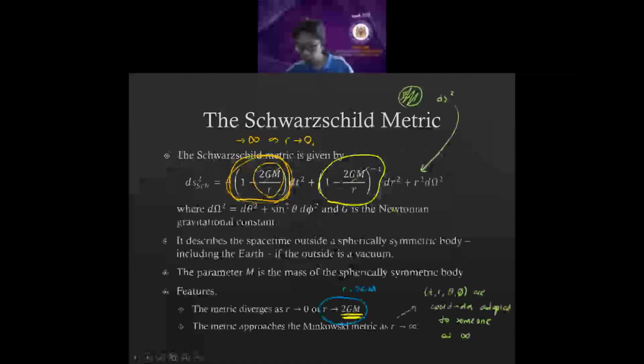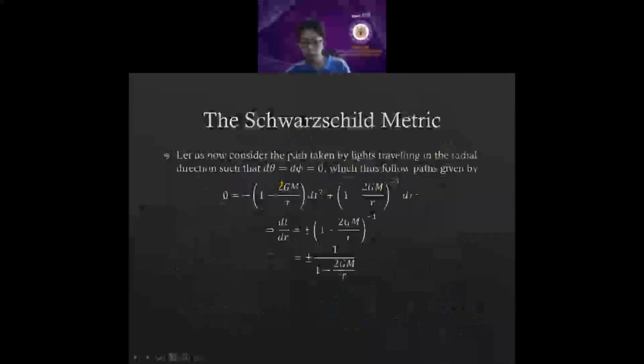Now what I want to do is consider the path of light that is traveling again in the radial direction. That's something similar to what we did just now in the Minkowski spacetime. We consider the path taken by light traveling in the radial direction, in such a way that there is no change in the theta and also phi coordinates.